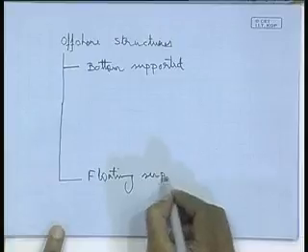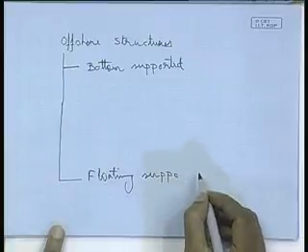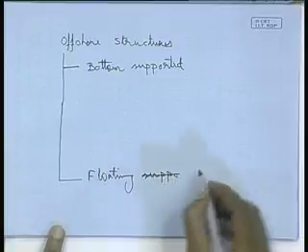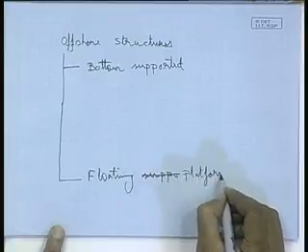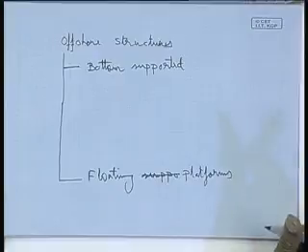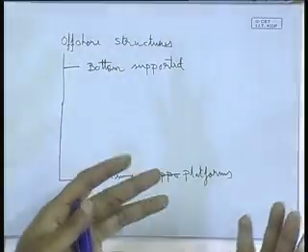The fundamental difference: bottom supported ones are sitting on the seabed, and the floating platforms are floating. So obviously, the bottom supported ones are the shallow depth ones, which could be used only for a shallow depth.